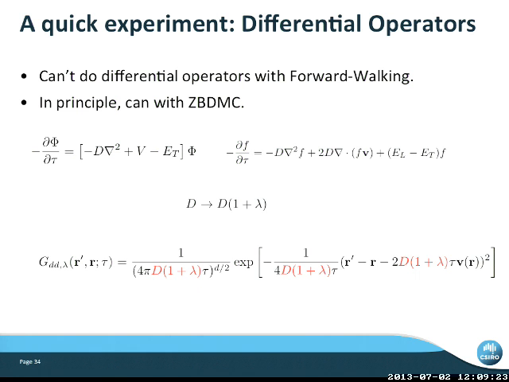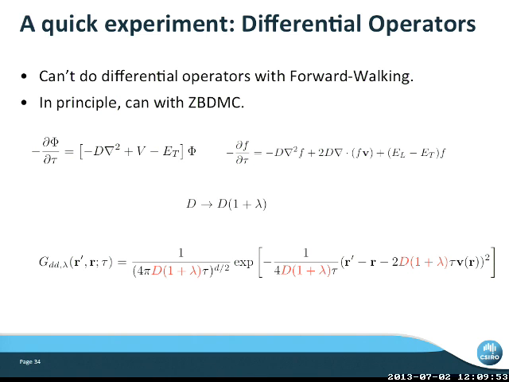So I'm taking my diffusion constant and I'm just transforming it to D times (1 plus lambda), where the diffusion constant as usual is a half, but it's just easier to keep track of if you write it explicitly. When you do that and then do the importance sampling transformation, you get a lambda-dependent Green's function. So in principle, you could do this for any operator, but you would have to find your lambda-dependent Green's function before you could do anything else, and that might be the hard bit, I suppose.